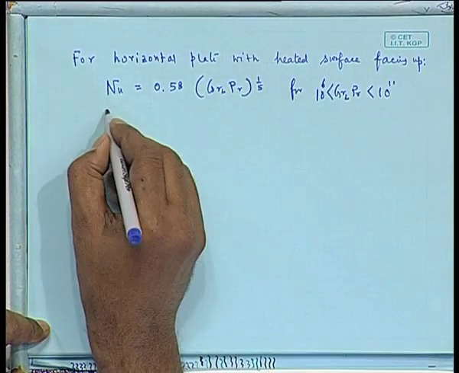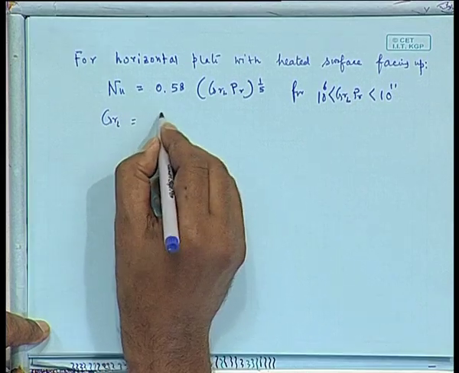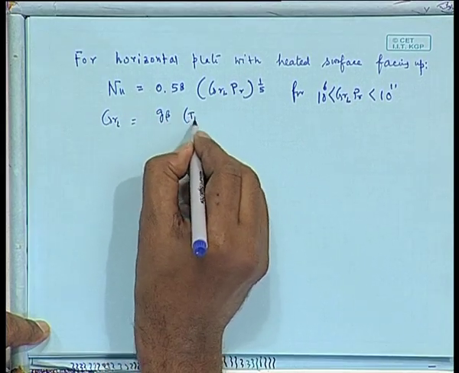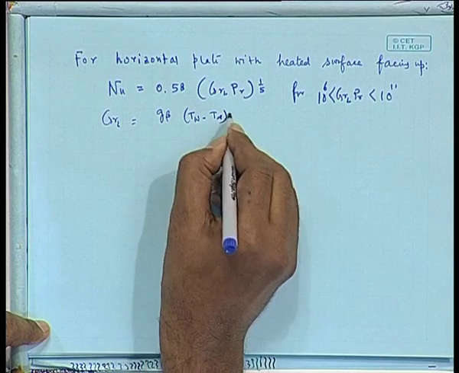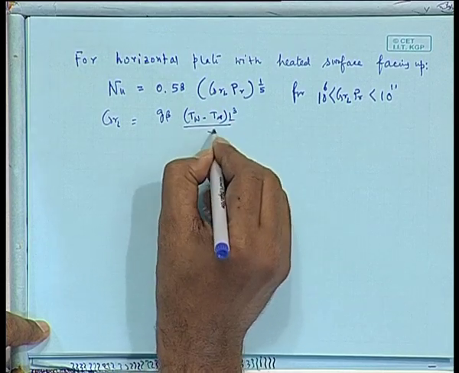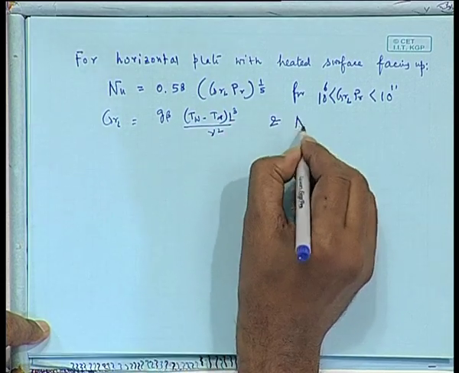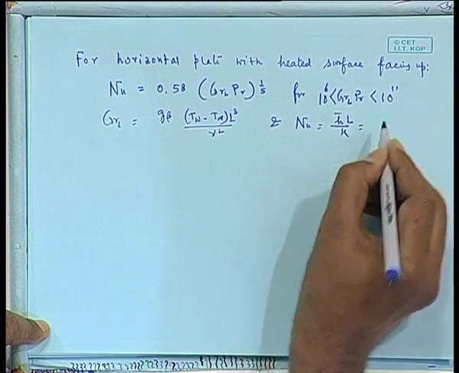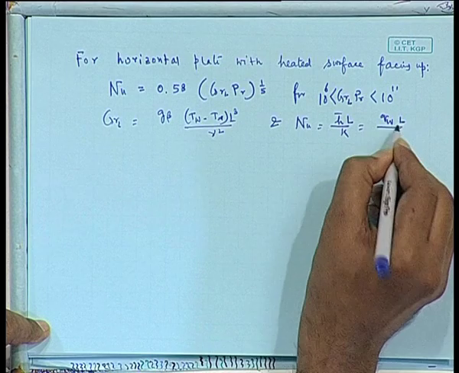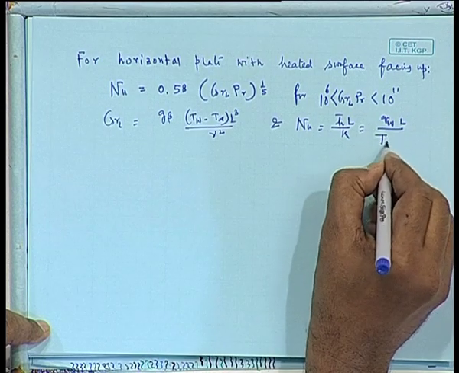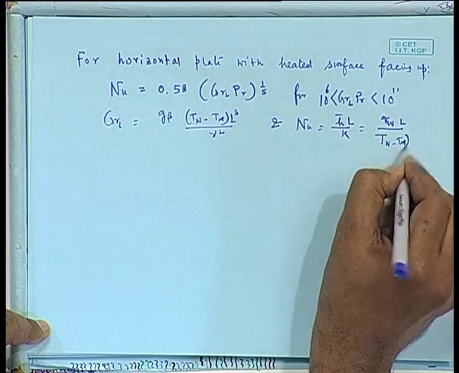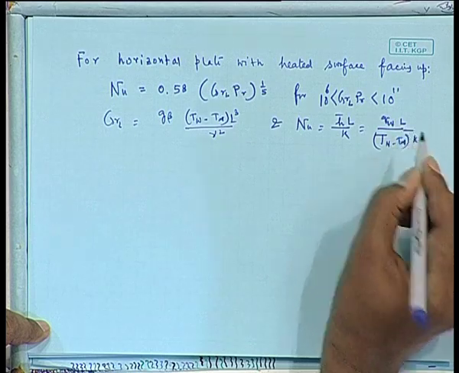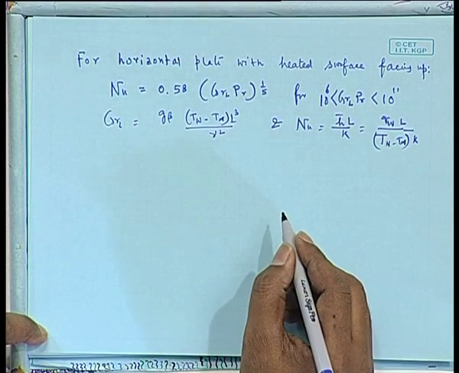We will be solving a couple of problems. Here Grashof L is defined as g beta (T wall minus T infinity) L cube divided by nu square, and Nusselt number h bar L by k equals qW L divided by (TW minus T infinity) k.